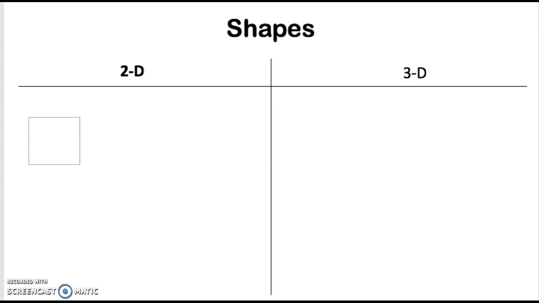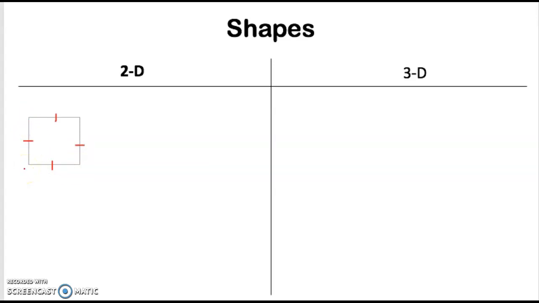In a square, we do recognize it by all equal sides, but let's see how many sides and vertices it has. I'm going to use my red to label the sides. And remember, sides are lines, okay? So we see one line, two lines, three lines, four lines.